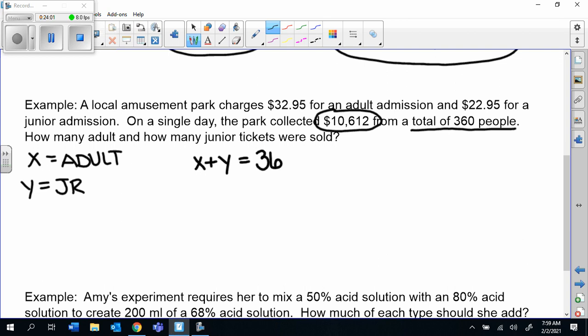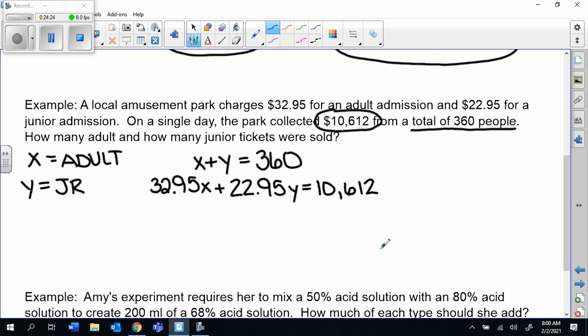That's our stuff equation. Then we're going to tack on the money. So $32.95 times every adult person, plus for every junior, they made $22.95. And they sold a total of 10,612 tickets.